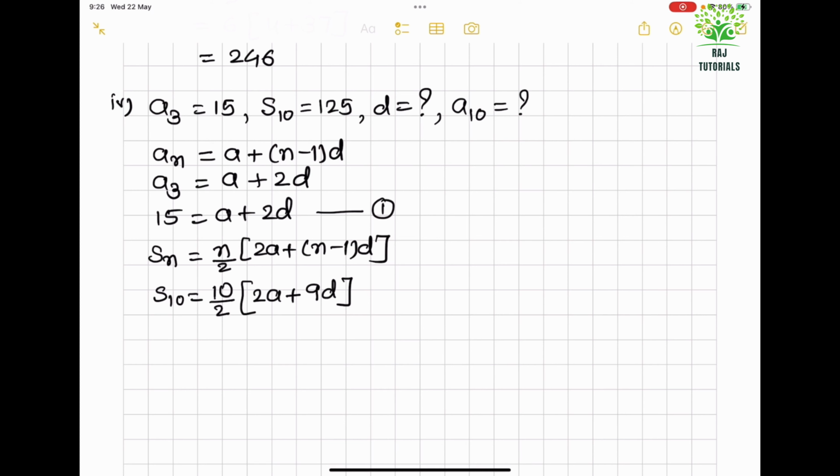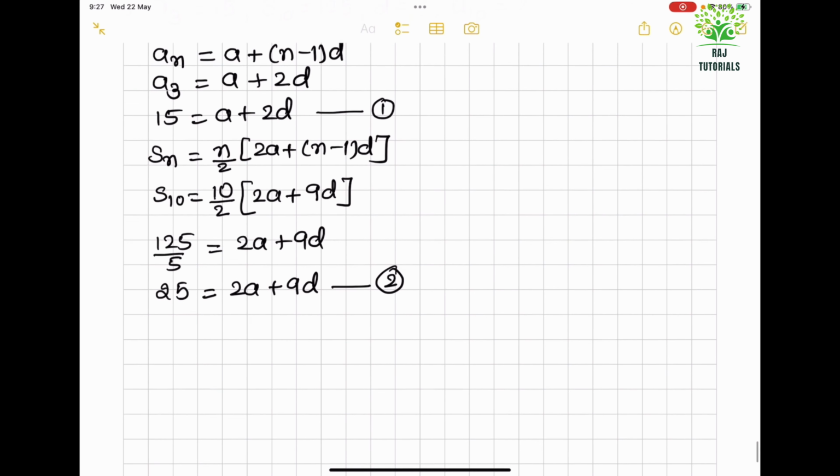So S10 is given as 125. So 125 divided by 5 equal to 2a plus 9d. 25 equal to 2a plus 9d. This is my second equation.